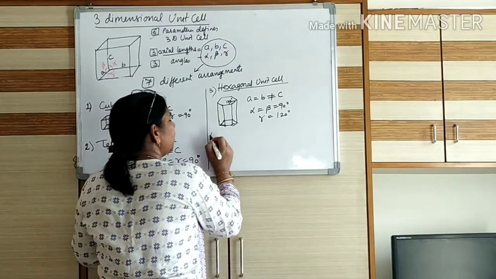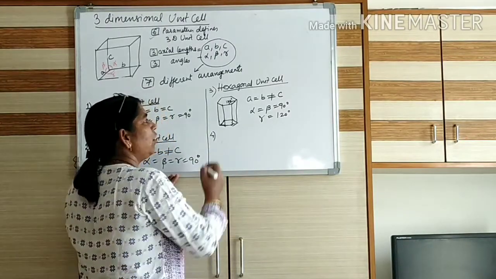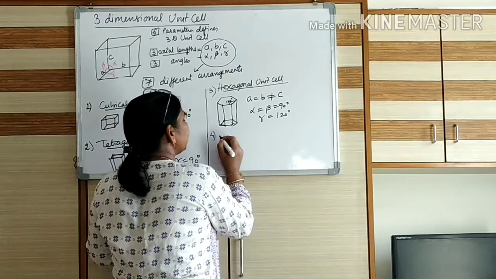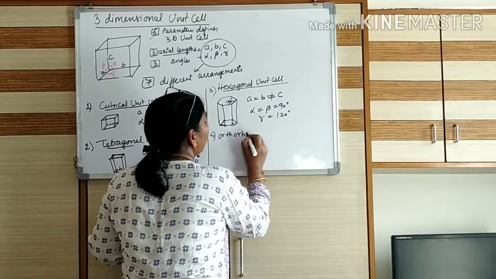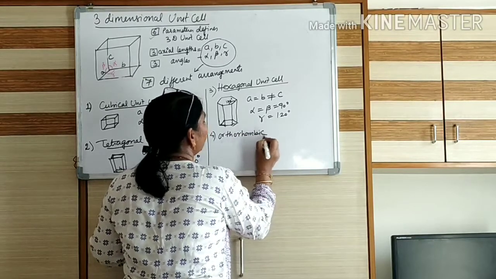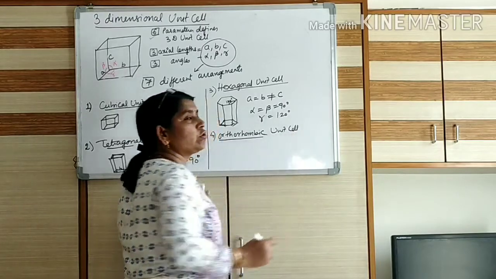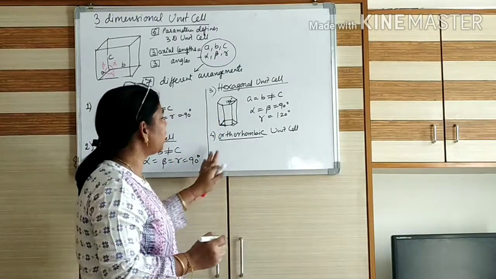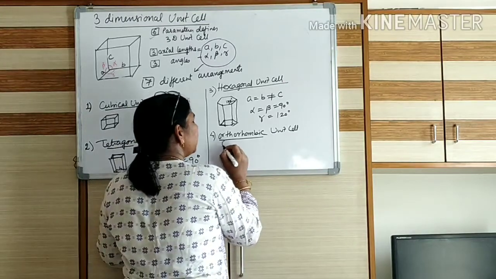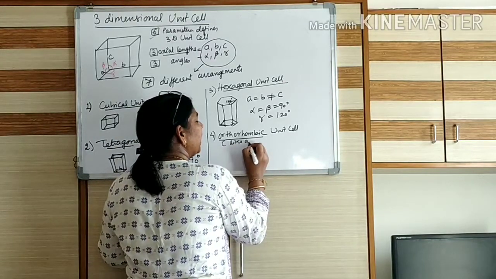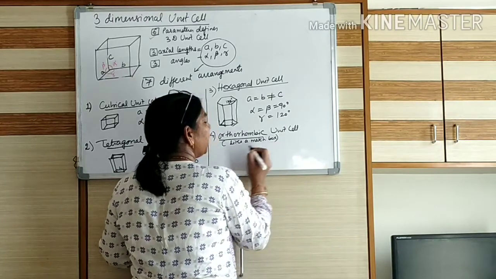Fourth arrangement in the three-dimensional unit cell. The fourth Bravais lattice is the orthorhombic unit cell. Children, what is the orthorhombic unit cell? It's like a matchbox.